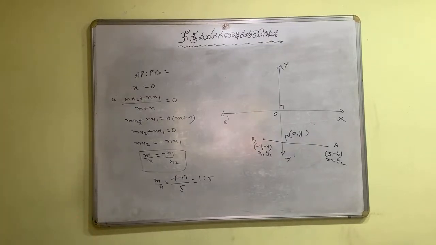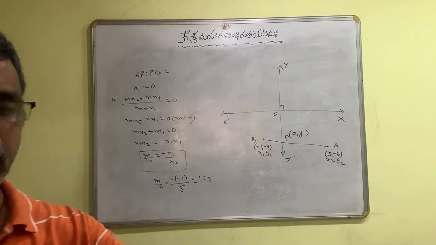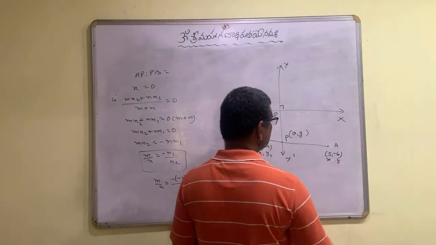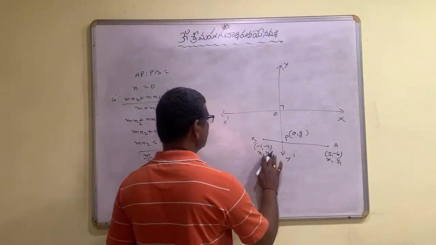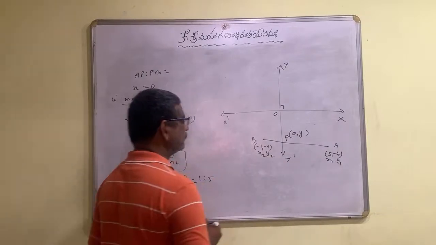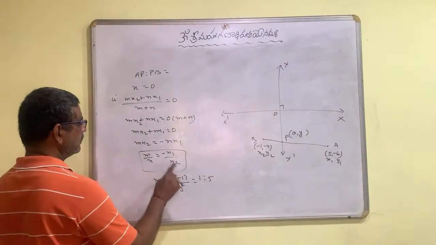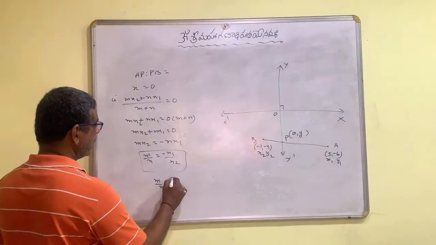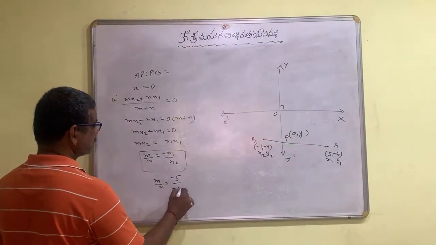Is that understood, children? Now, x1, y1, x2, y2. Here what will I get? Minus 5 by minus 1.